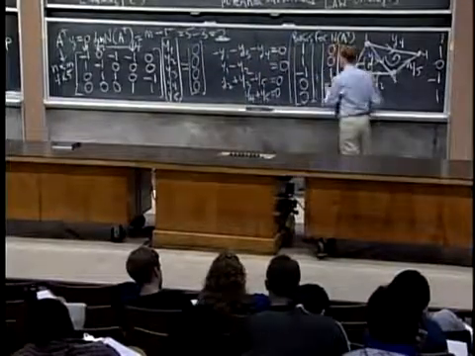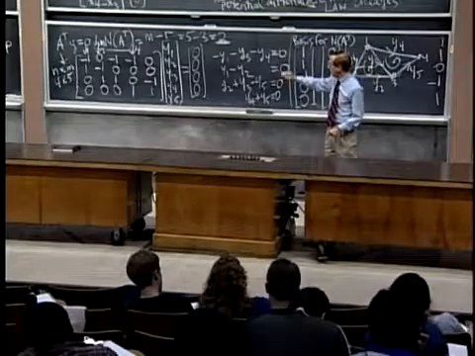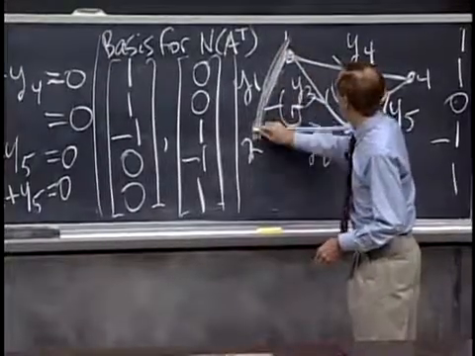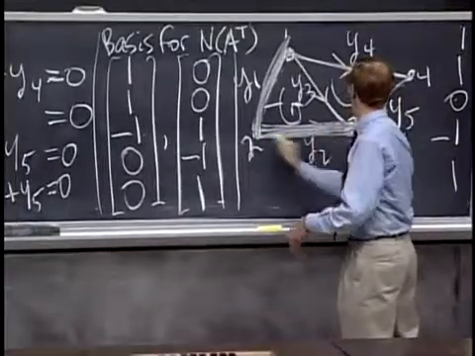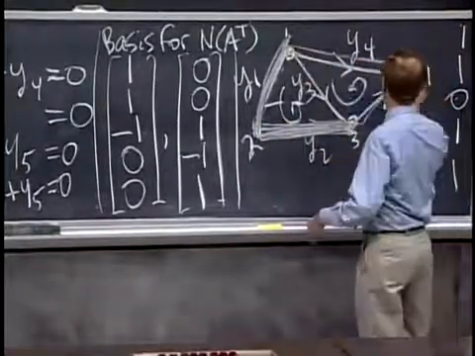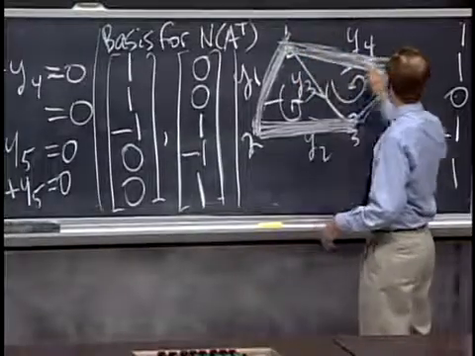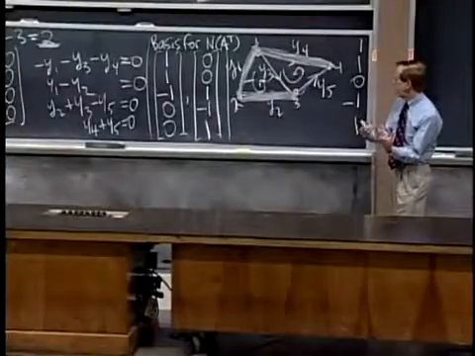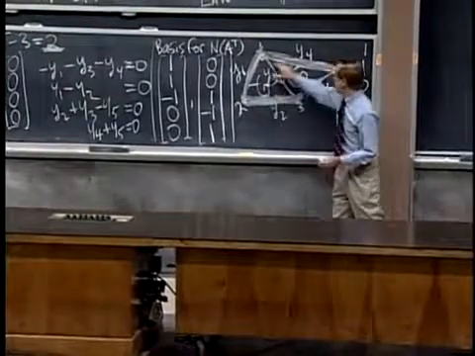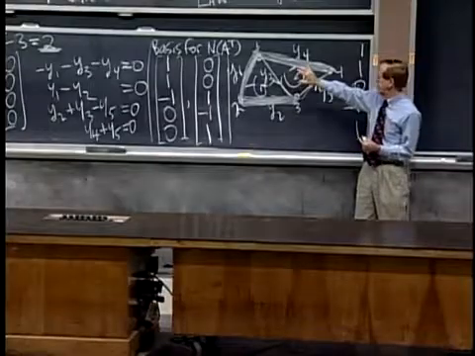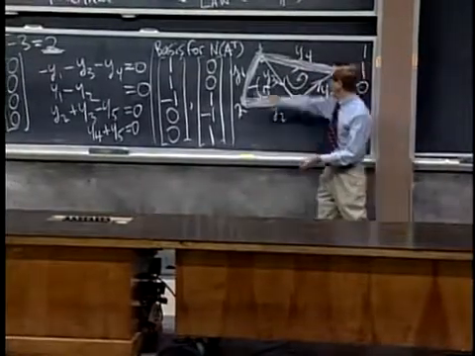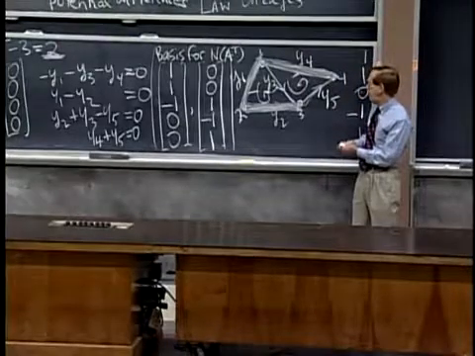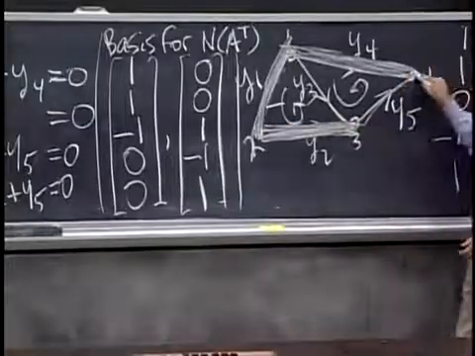Those are the columns of A transpose. Those correspond to edges. So there's edge 1, there's edge 2, and there's edge 4. So that is a smaller graph. If I just look at the part of the graph that I've used with thick edges, it has the same 4 nodes.